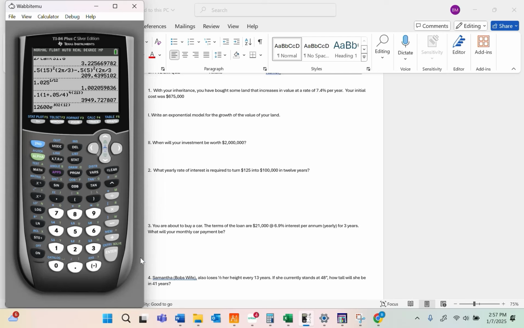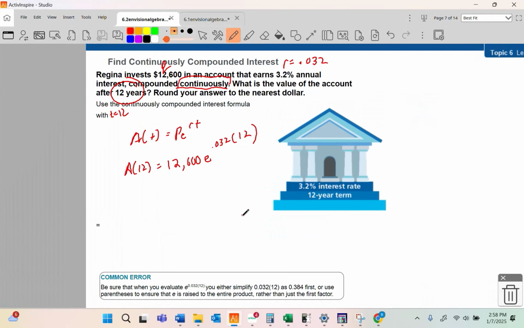Press that magic enter key. $18,498.63. There you go. It's not hard.